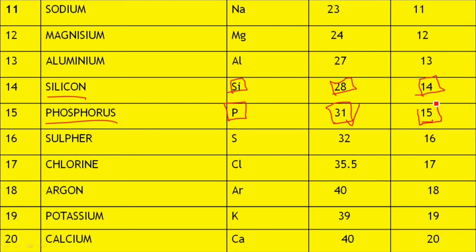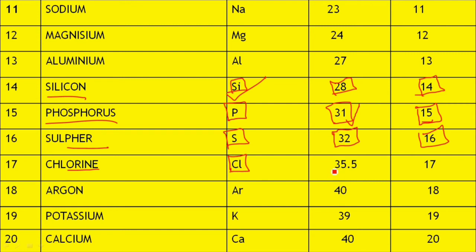Next, sulfur. The symbol is S, only S, nothing else. For silicon, it's Si. Its atomic mass is 32 and its atomic number is 16. Next, chlorine, that is Cl.